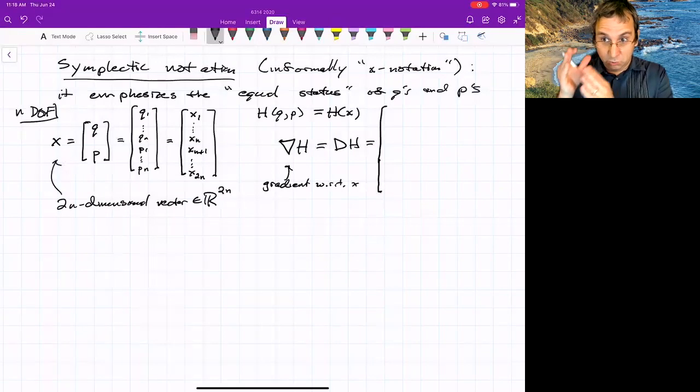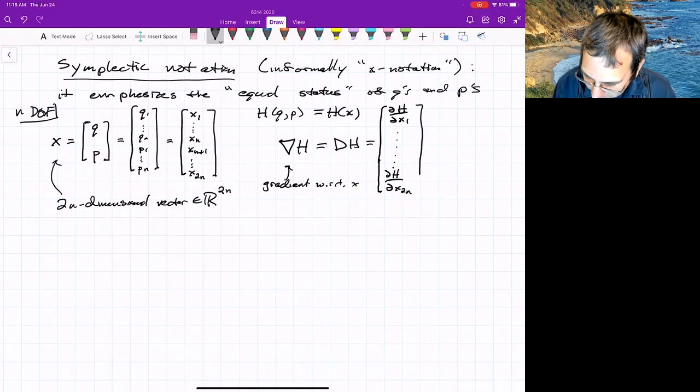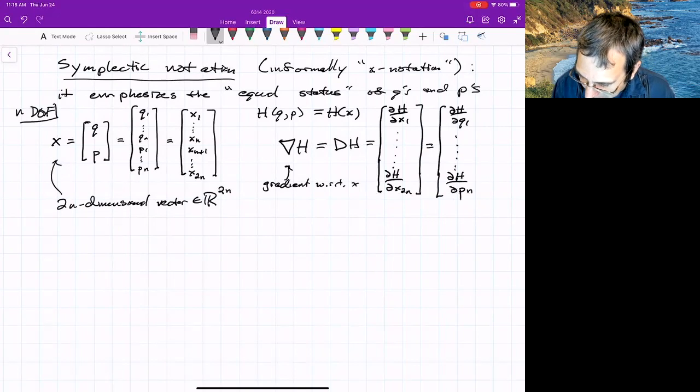So its gradient is going to be a 2n dimensional vector with components that look like partial H, partial x1, all the way down to partial H, partial x2n. And in terms of the original Q's and P's, this is partial H, partial Q1, all the way down to partial H, partial Pn.